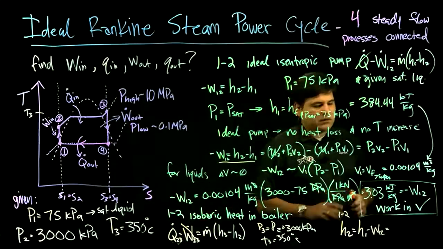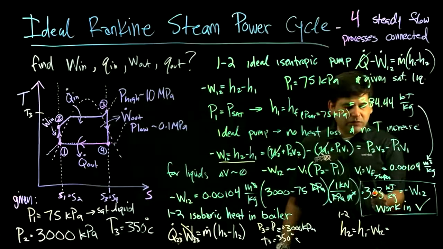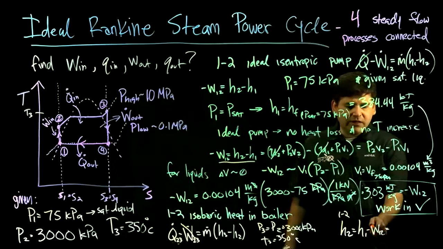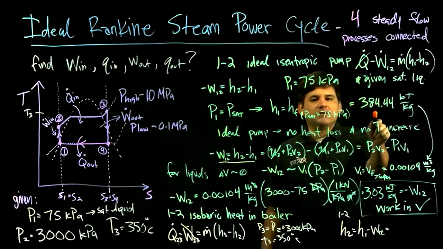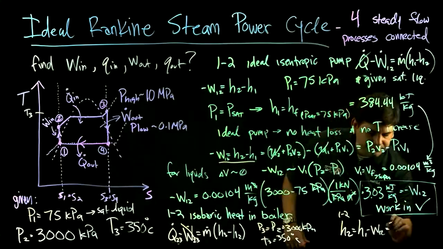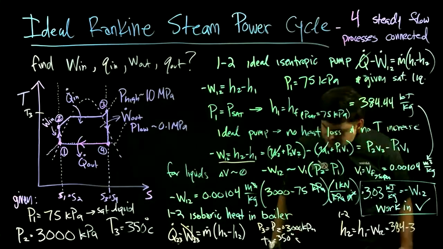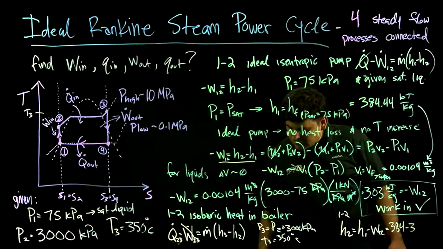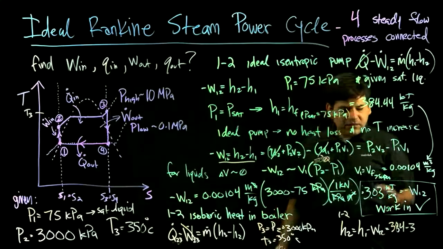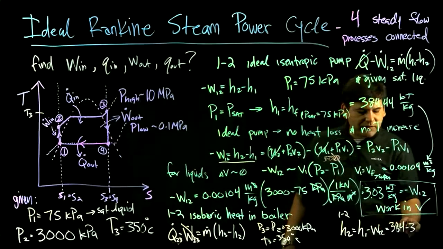So we found negative W is 3. So that is 3 here, including the negative. H1 is this. It's minus W is 3, so this would actually be plus.